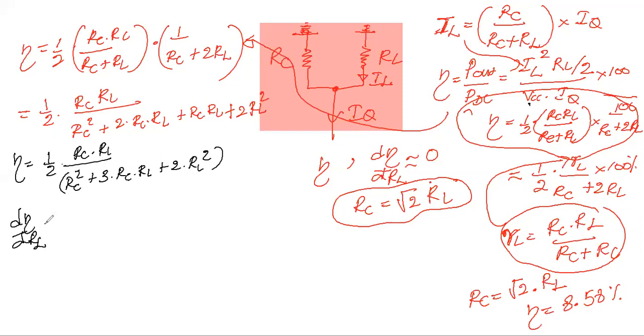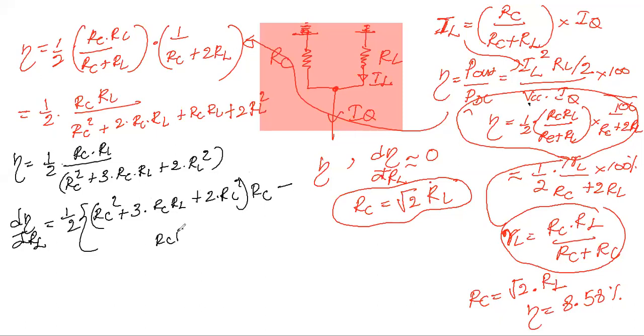If you do this, your equation becomes half into RC square plus 3 times RC RL plus 2 times RL square into RC minus RC RL into 3 times RC plus 4 times RL, divided by RC square plus 3 into RC RL plus 2 times RL square.